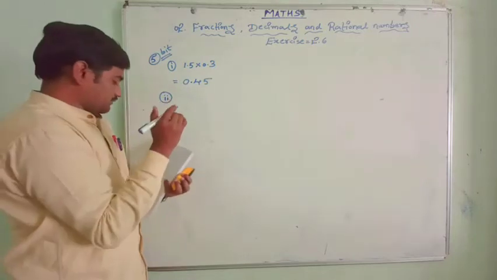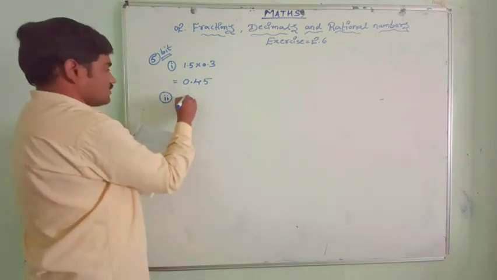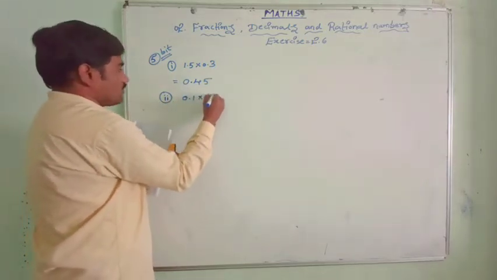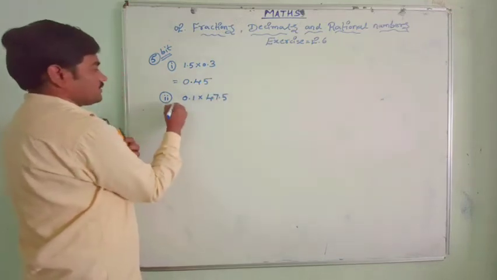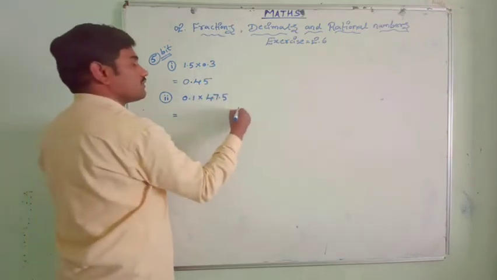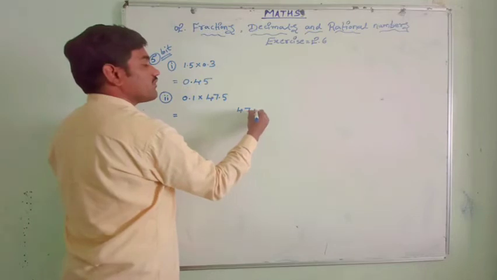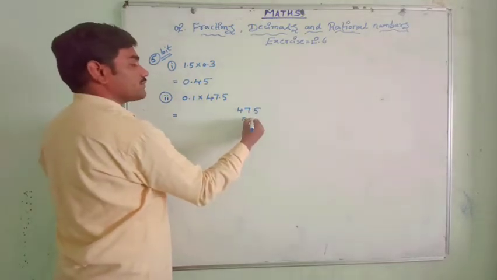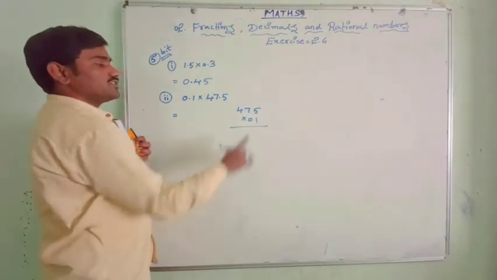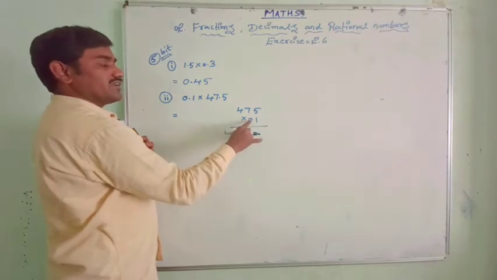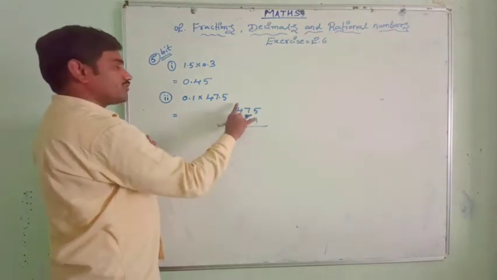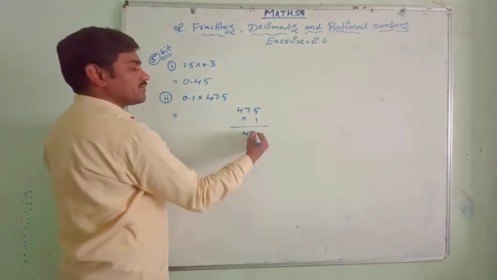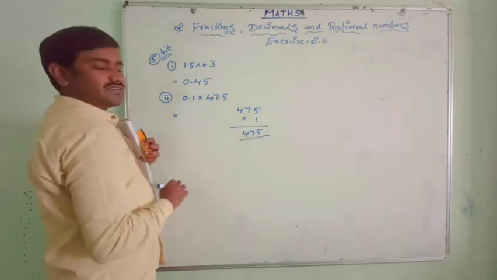Yes, second one, 0.1 into 47.5. That you can directly write. 1 into 1 is nothing but 1 only. With 1 you multiply this number, you get the same number again, 475.